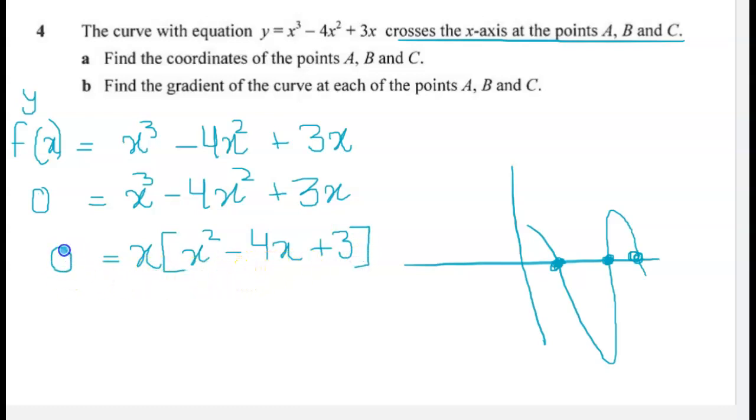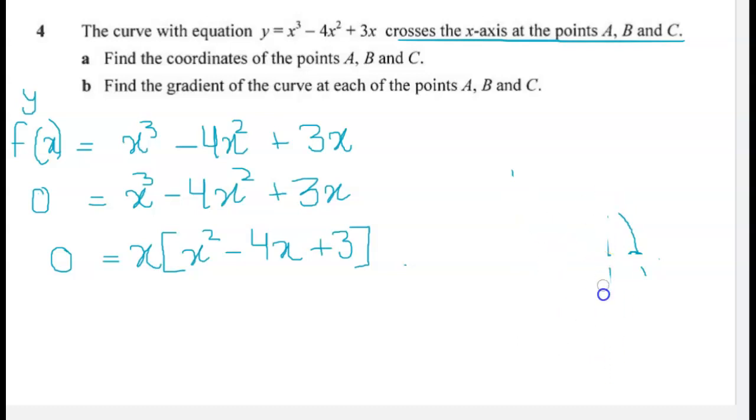Now that is equal to 0, which means it can be true in two different ways. I'm multiplying two numbers and the answer is 0: the one thing that's outside the bracket and the other term which is inside the bracket.